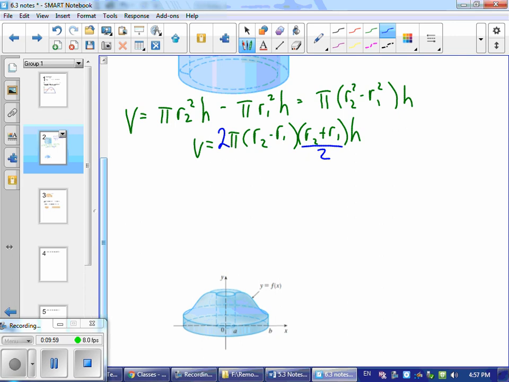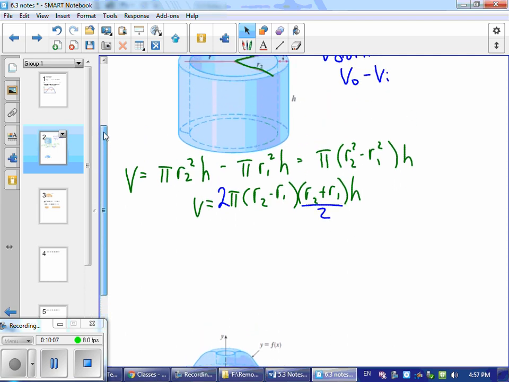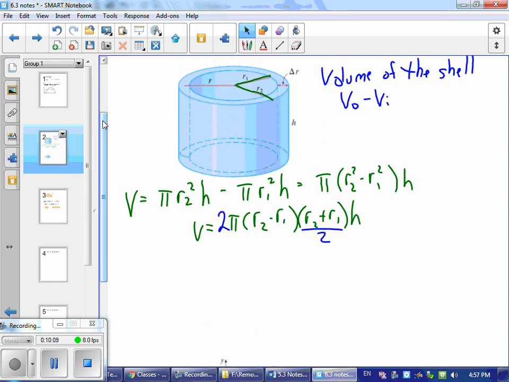Again, bear with me, you're going to hopefully be able to figure this out. Okay, looking at the picture, delta R. Delta R means the change of R. So that thickness right there is delta R. It's the change of the radii.